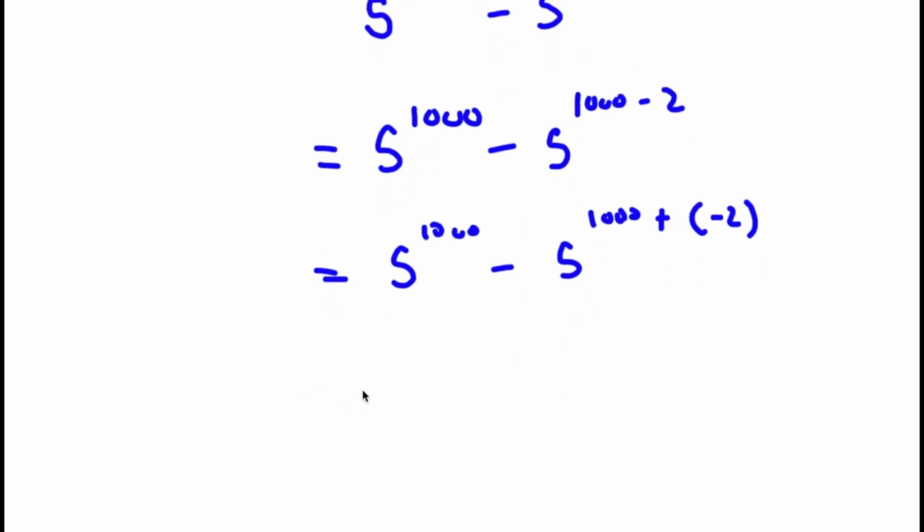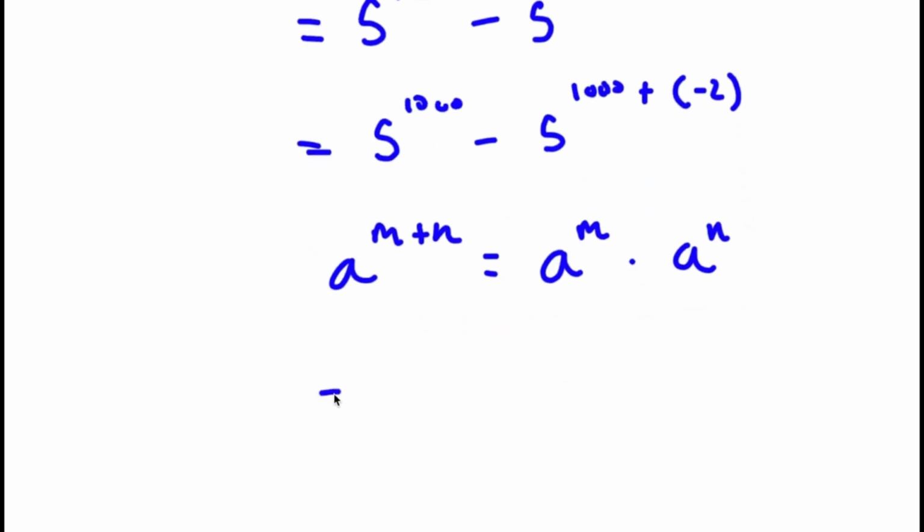Now remember, if I have something in the form a to the power of m plus n, this is equal to a to the power of m times a to the power of n. So in this case, 5 to the power of 1000 plus negative 2 is going to equal 5 to the power of 1000 times 5 to the power of negative 2.